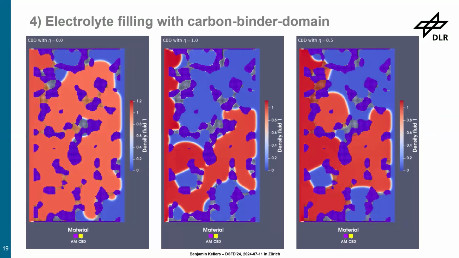And the case on the right is assuming it has 50% effect, it is 50% solid. And you see the completely different pattern. And these entrapments and how large they are and how much active surface area they block, that is actually key on how performant the battery will be once it's filled and once it's charged.